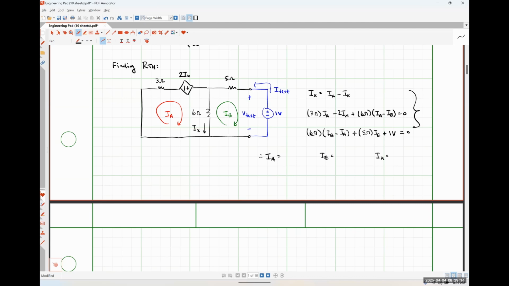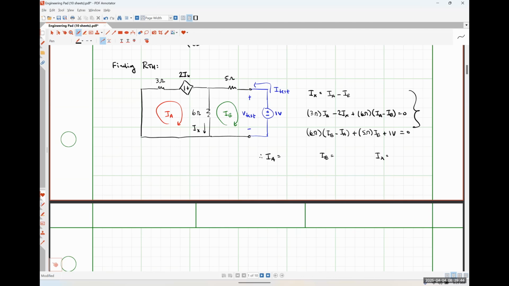In my second equation, my coefficient for IA is 3 plus 6, which is 9, my coefficient for IB is -6, my coefficient for IX is -2, and my constant term is 0. In my third equation, my coefficient for IA is -6, my coefficient for IB is +11, my coefficient for IX is 0, and my constant term is -1.